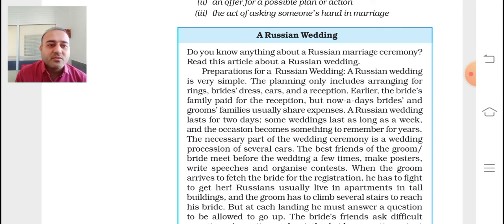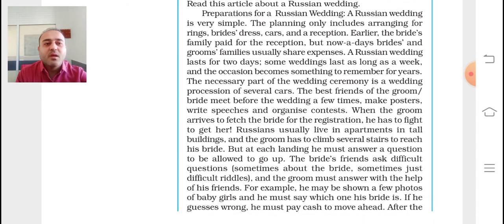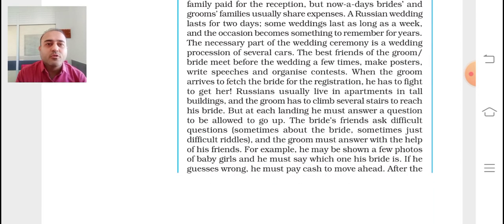The best friends of the groom or bride meet before the wedding a few times, make posters. Okay, they make different posters, write speeches, and organize contests. Okay, so that is the friends of the bride and the groom who meet several times for planning out the marriage function.